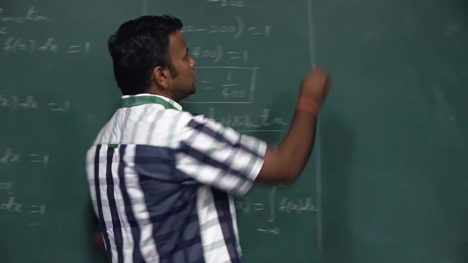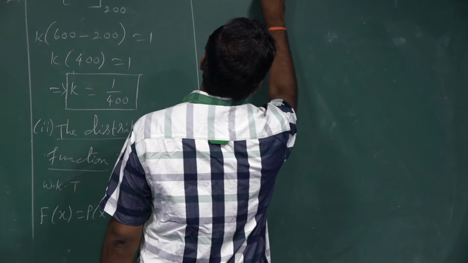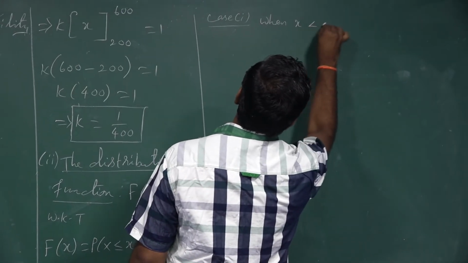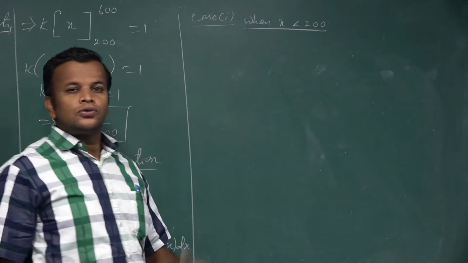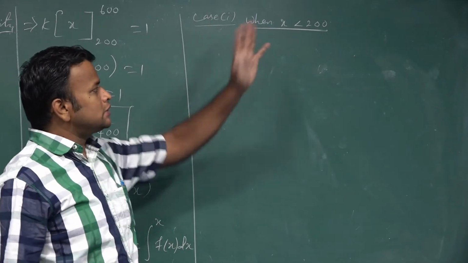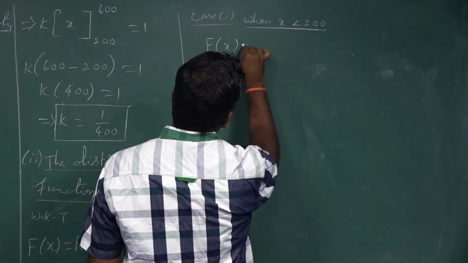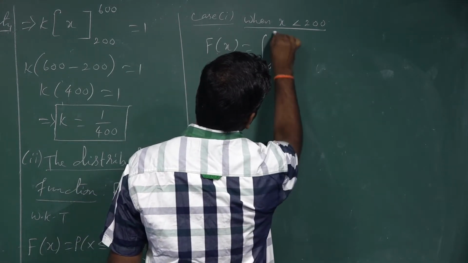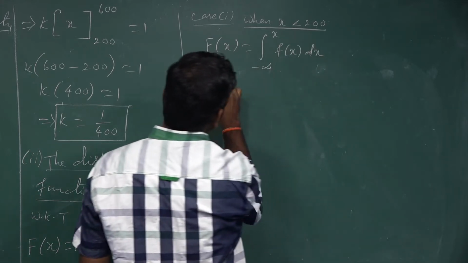So now the first case we take is when x is less than 200. To tell all possible values. So when x is less than 200, we write the formula F of x is the integral from minus infinity to x of f of x dx.